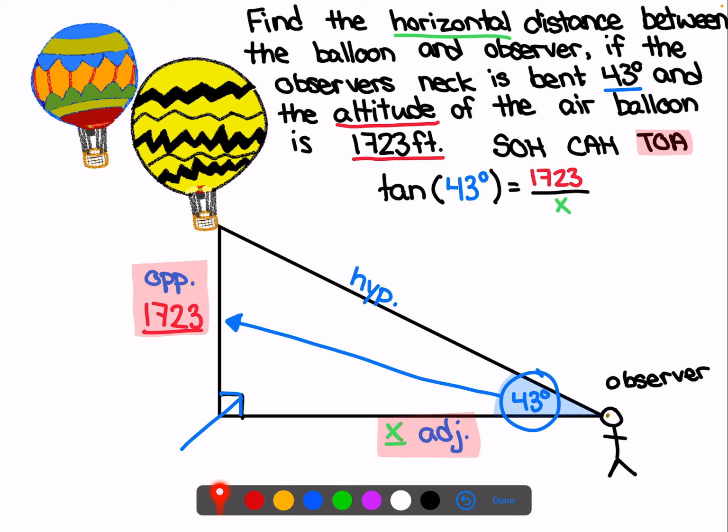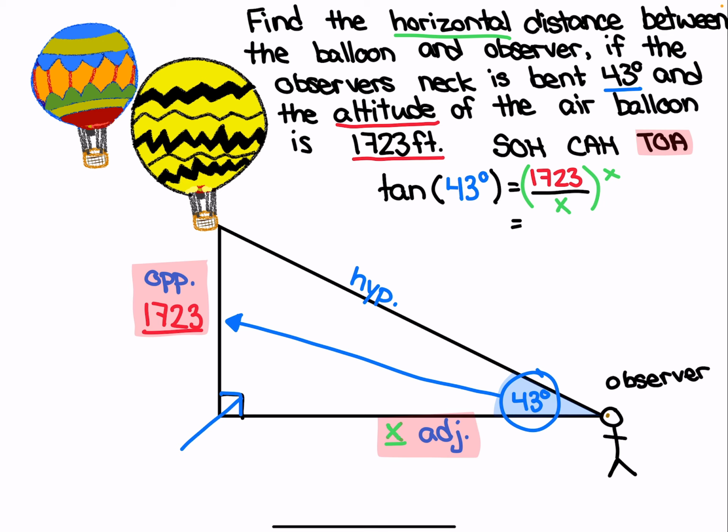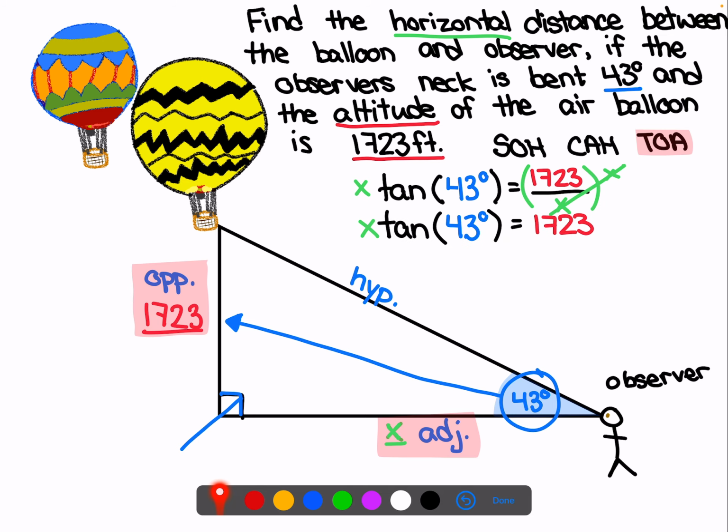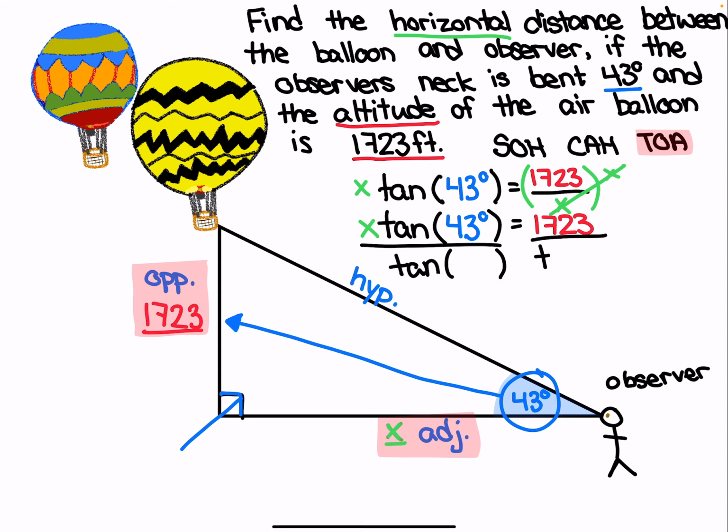We start by multiplying both sides by x. This will leave us with x times tangent of 43 equals 1,723. Now again, we're going to treat tangent of 43 as a number. That way we can move it away from the x that's being multiplied by it. So I'm going to divide both sides by tangent of 43.